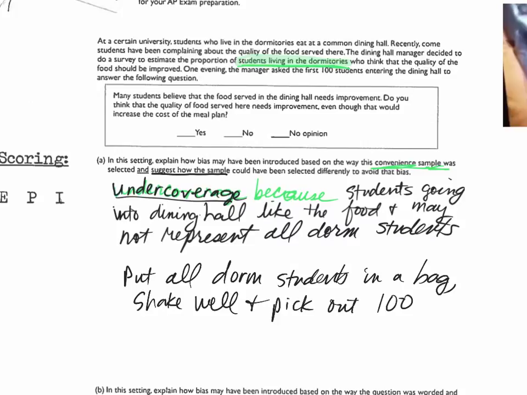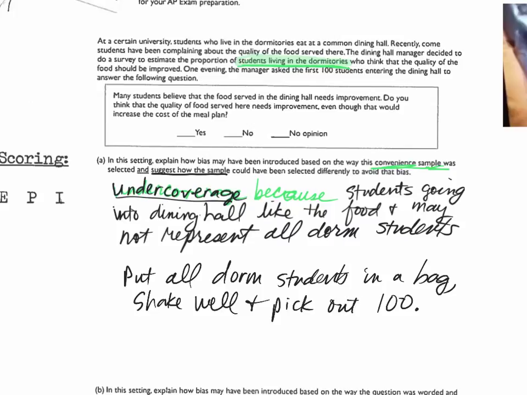Whenever I first did my information on this, I didn't include how you did it. I just said randomly select 100 dorm students, and I wouldn't have gotten credit for that. If you say randomly select 100 dorm students, that's not telling somebody how to do it. Tell somebody how to do it, not what you need to do.